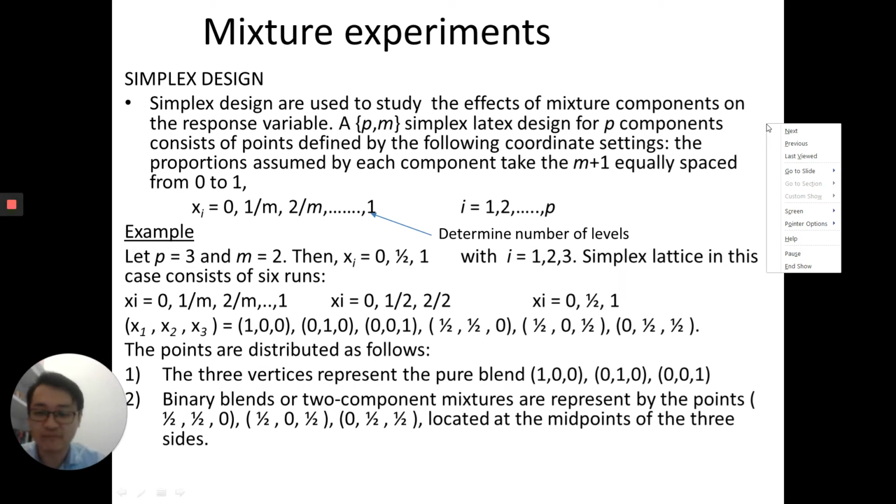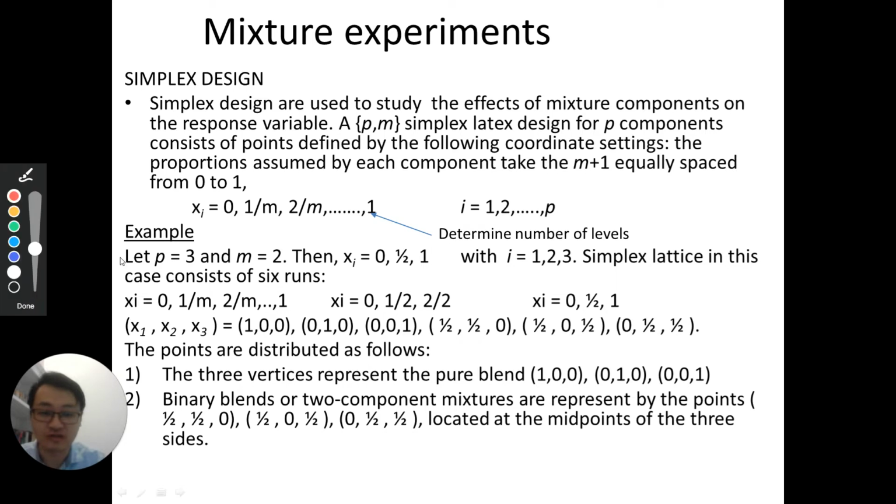So you have proportions which are 0, 1 divided by 2 as your m is 2, so 2 divided by 2, so you will get 1. From here, you will have 3 proportions, 1, 2, 3, which is m plus 1 equal to 2 plus 1, which then you will get 3 proportions.